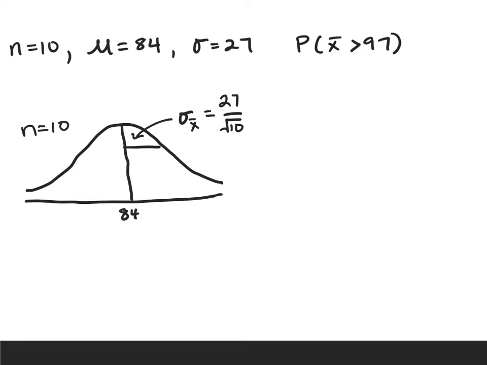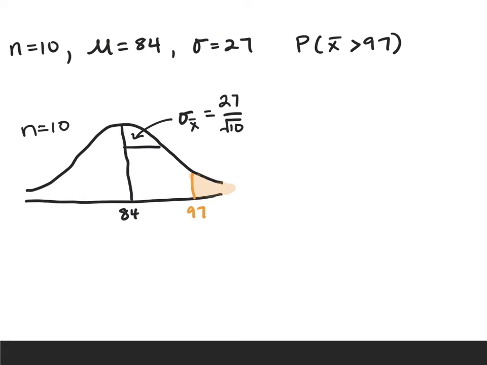All right, so I'm still looking for greater than 97. Even though my picture looks similar as far as where I'm drawing the line and where I'm shading, this is going to be much farther away.